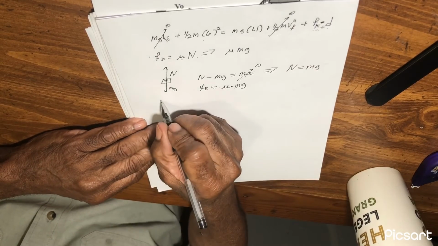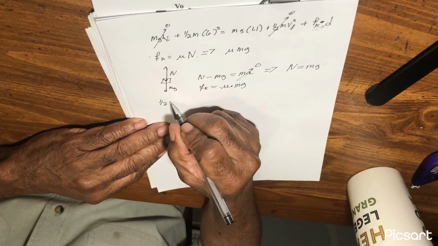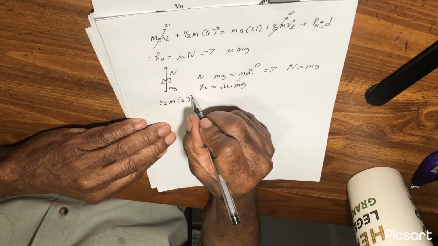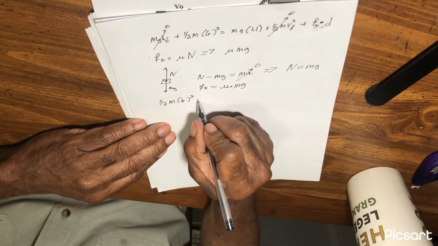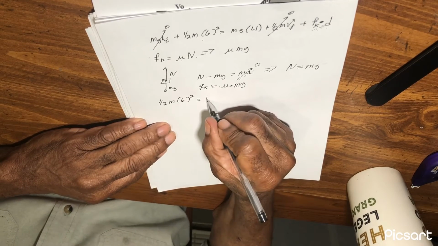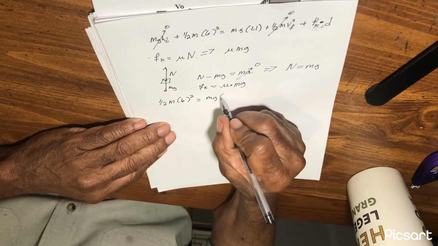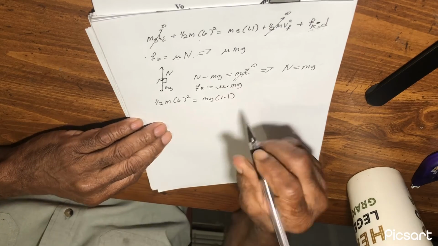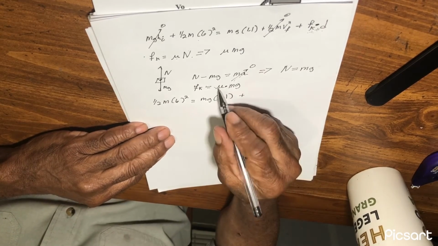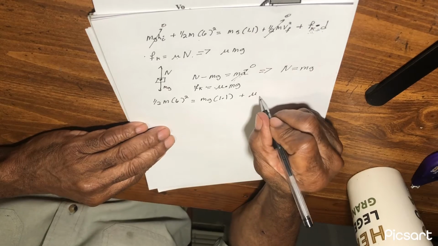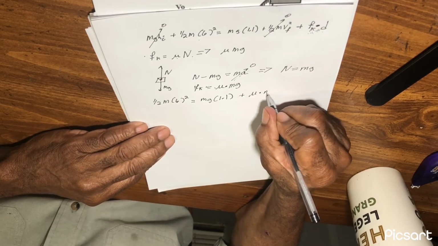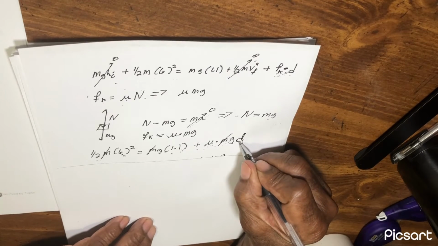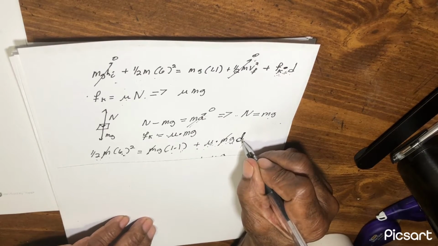So we have 1/2 mass times 6 meters per second squared is equal to mg times 1.1 plus mu times mg times d. And this is the distance that we're looking for.